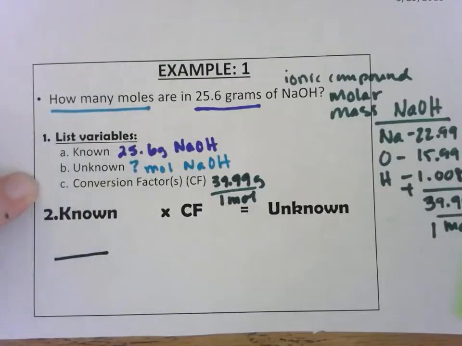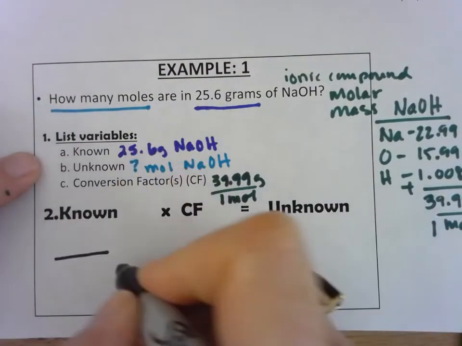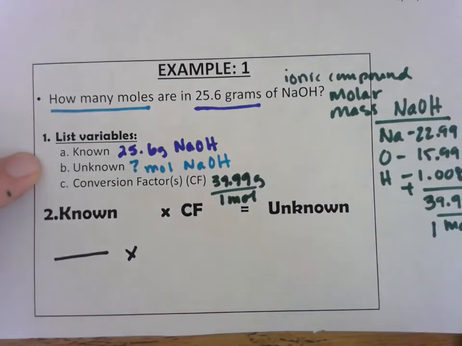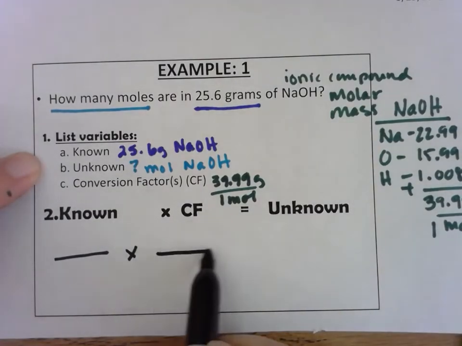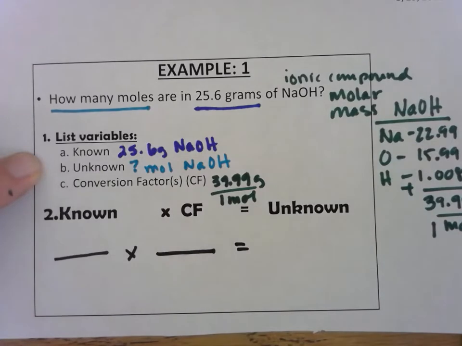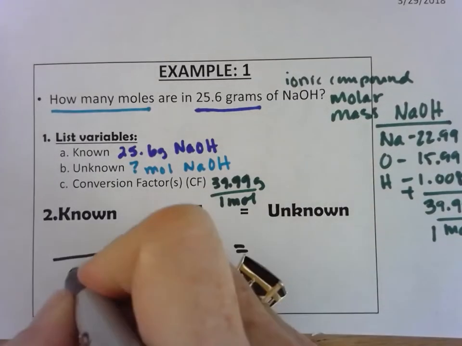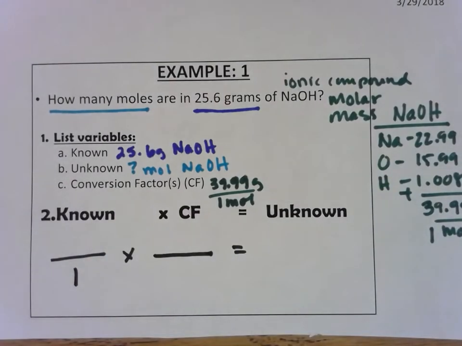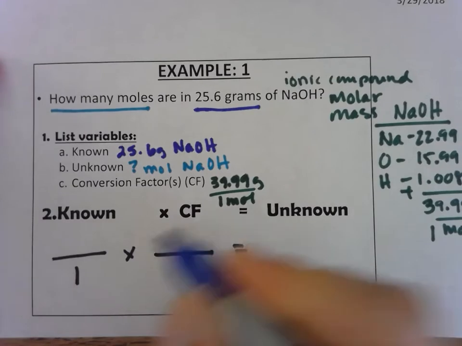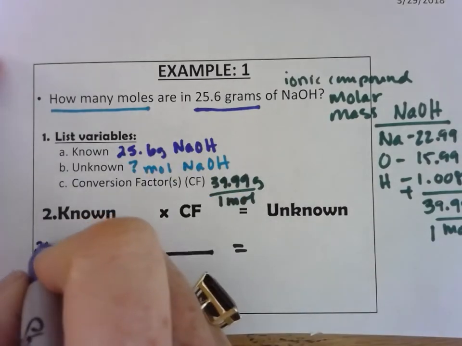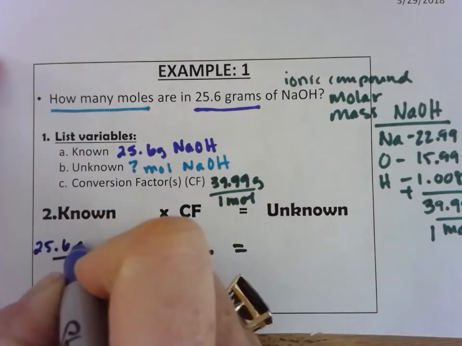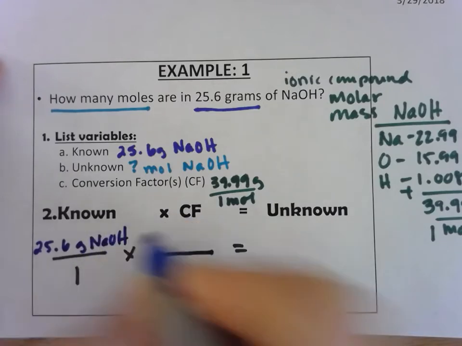So the known is going to be a fraction times the conversion factor, which is also a fraction, and that's going to equal something. I'm going to put this as a 1 in black because the first conversion factor is always going to be a whole number. So everything here, 25.6 grams of sodium hydroxide. That is the known.